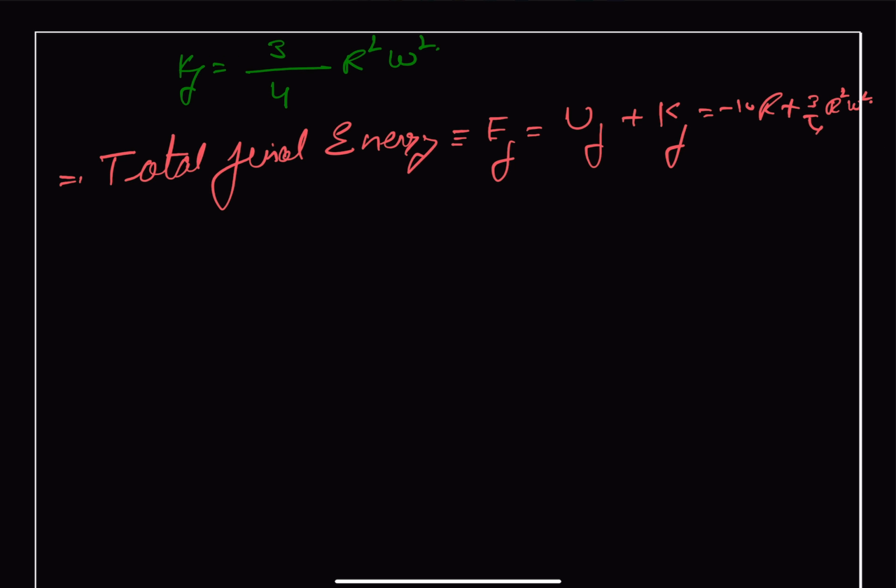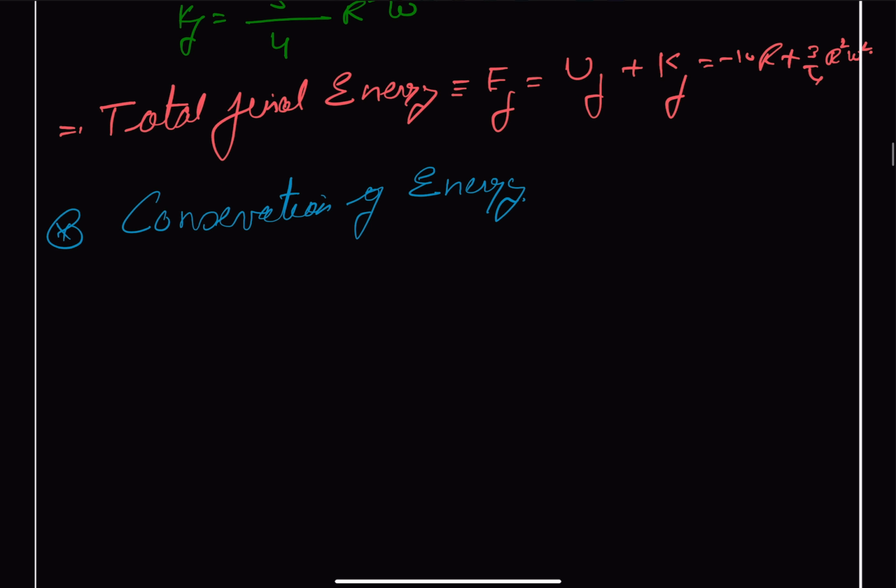And now we can easily use conservation of energy. We can write that our total initial energy is equal to total final energy. Thus we can write that 10 r is equal to minus 10 r plus 3/4 r square omega square.